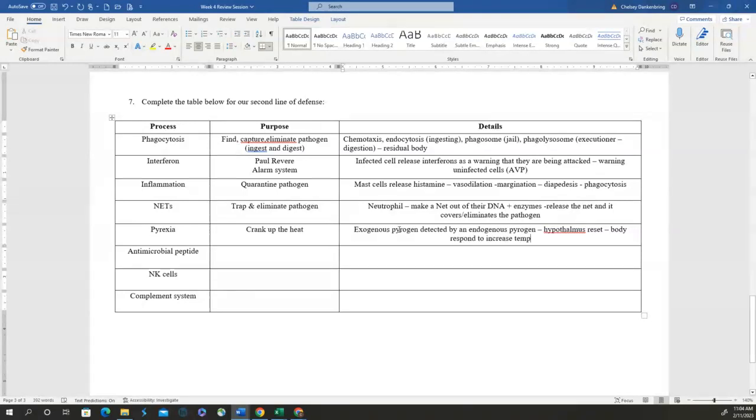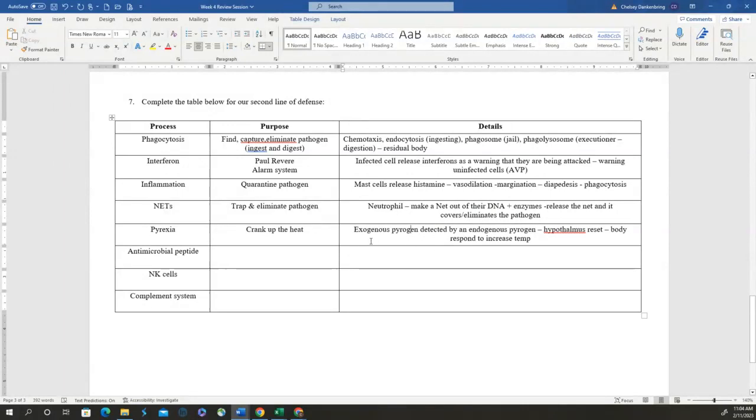Pyrogens are going to be kind of your key science terms for this. And pyrogen sounds like pyrexia, right? So remember, exo and endo is what you see here. Endo means within, exo means outside of. So an exogenous pyrogen is a pyrogen that does not come from the body.